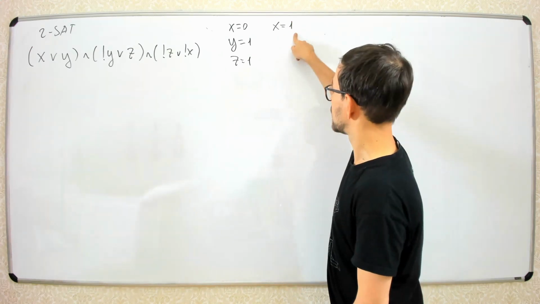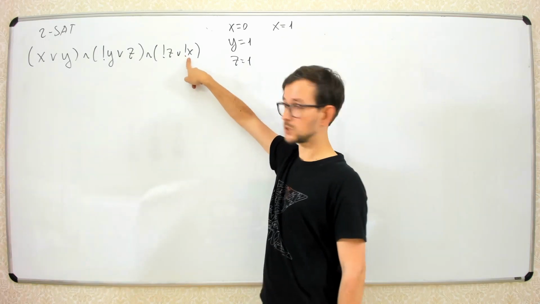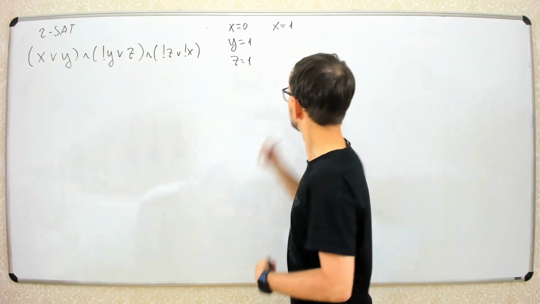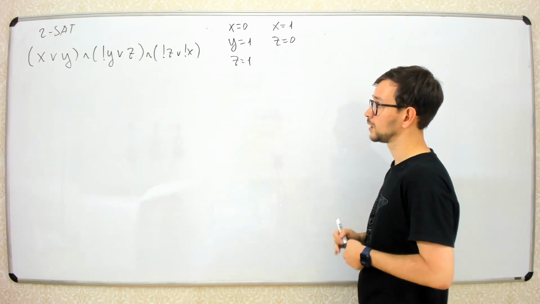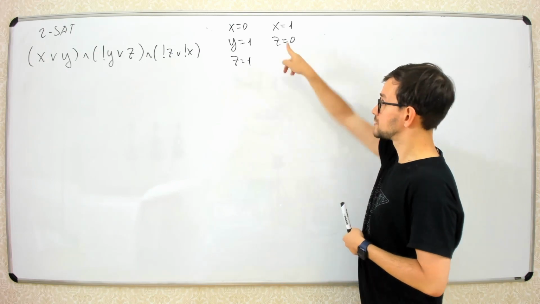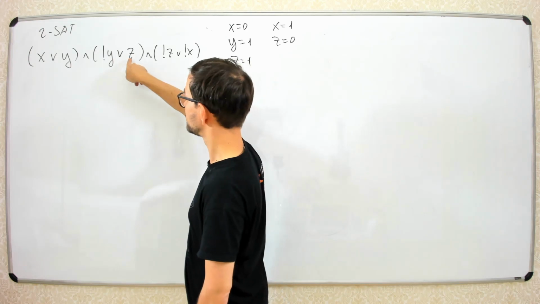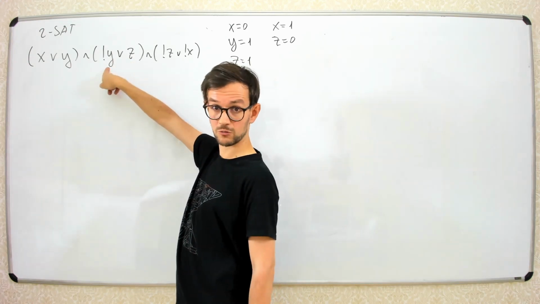On the other hand, if you say that x is 1, this will happen. If x is 1, then in this clause this is false, so this must be true. It means z must be equal to 0. If z is 0, then in this clause y must be 0.